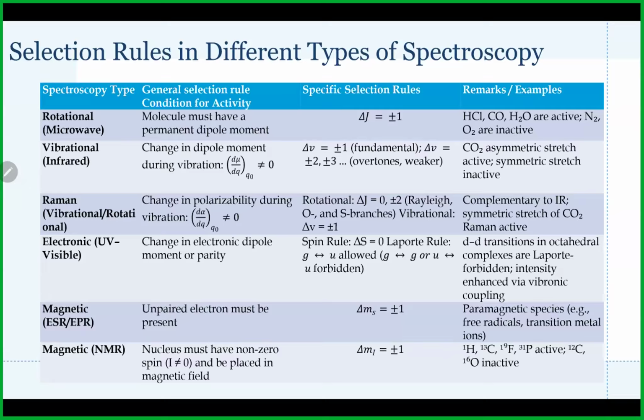What are the things that affect the intensities of spectral lines? Only one person has answered. There are three things. You are only mentioning one thing.